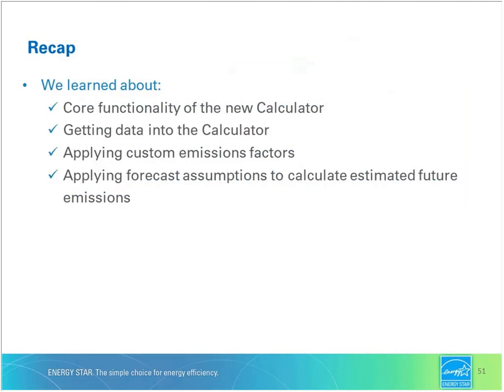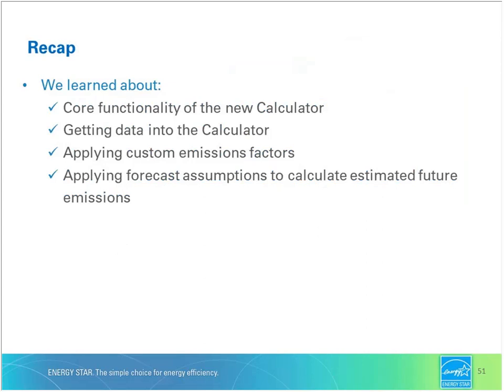Over the last 45 minutes or so, we've learned about core functionality of the new calculator. We've talked about the various ways of getting data into the calculator. We've talked about how to use some of the finer grained functionality of the tool to apply custom emissions factors in a few different configurations.